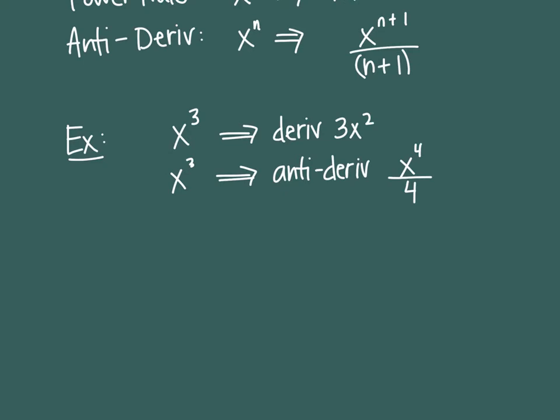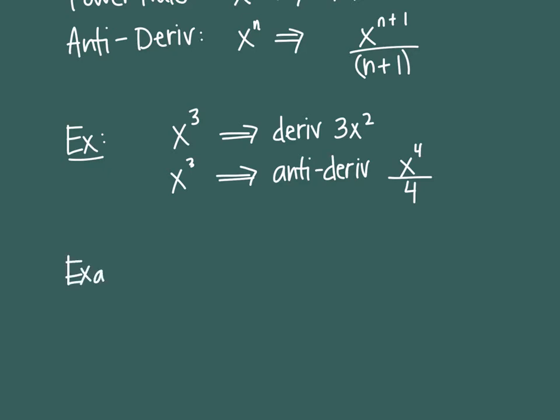Now, antiderivatives always come with a constant added on to the end. We need to represent that constant because it could have a derivative of 0, which would lead us to a whole family of antiderivatives. Let me show you what I mean.